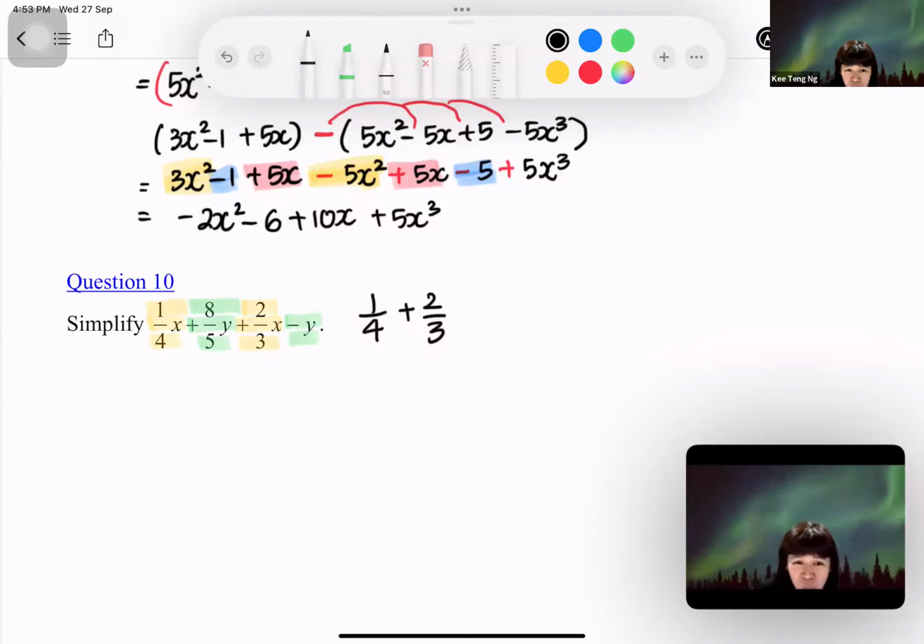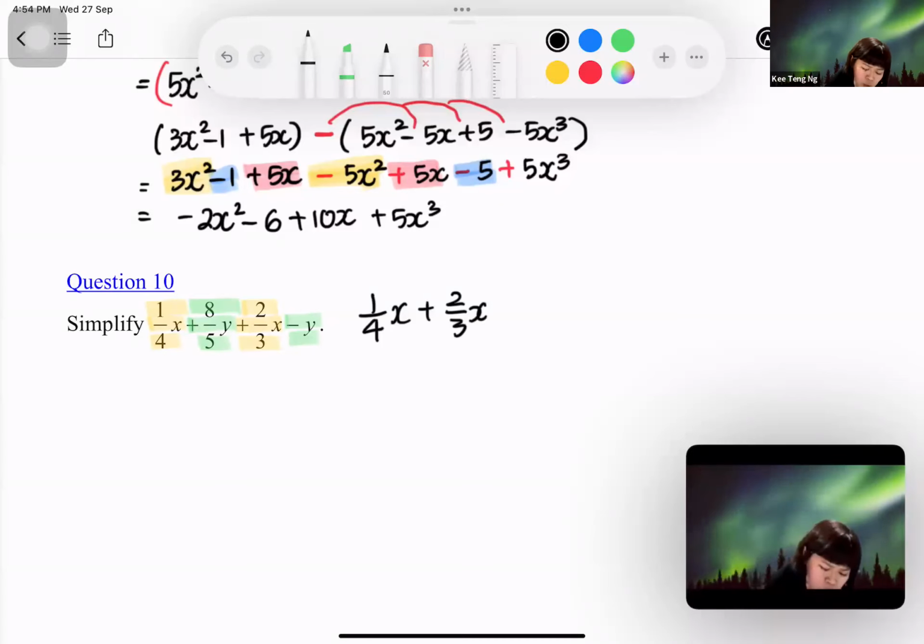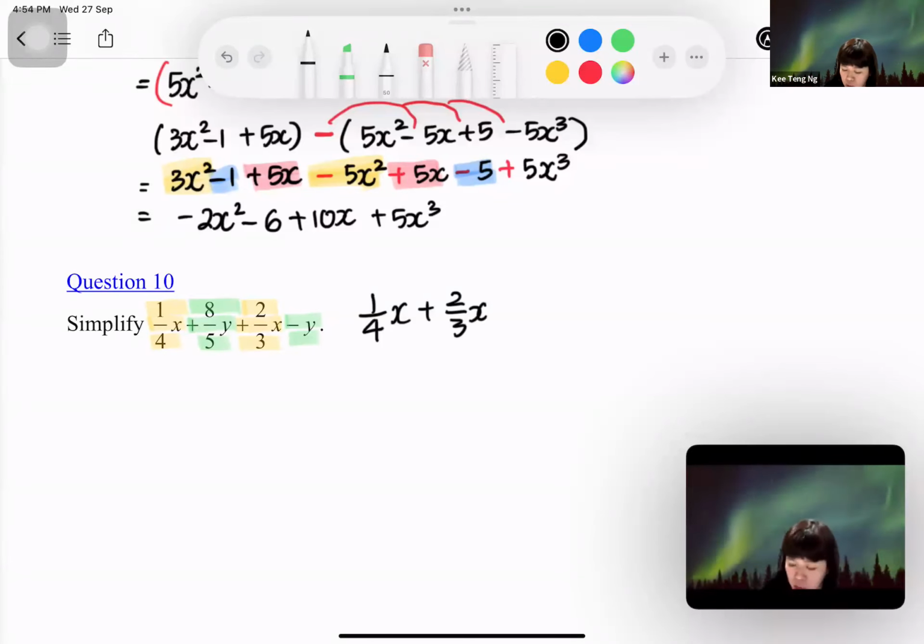Quick, tell me 1/4 x plus 2/3 unit of x is how much? Raydan, no response. How to add this together? 1/4 x plus 2/3x. Use your calculator. 1/4 plus 2/3, what do you get on your calculator? Yes, thank you very much.